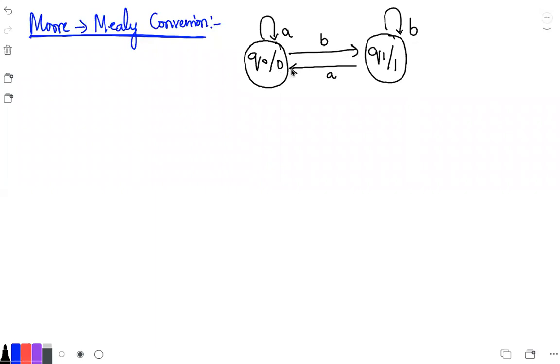You can see the output inside the state. If the output is over the input arc, then it's a Mealy machine. That's the basic distinction. So given a Moore machine, we need to convert it into the corresponding Mealy machine. This is a very easy process. Let's see here.